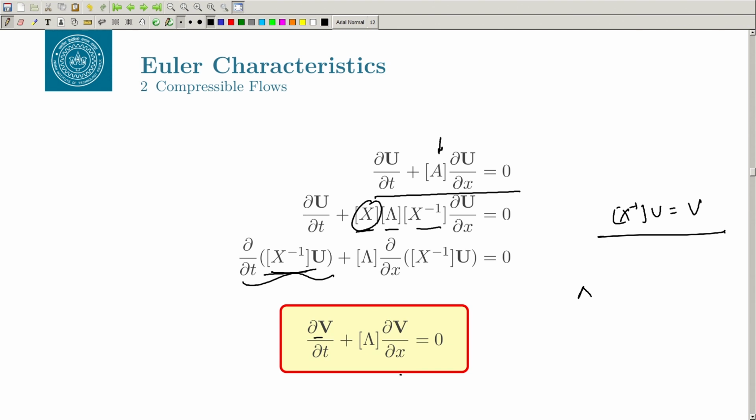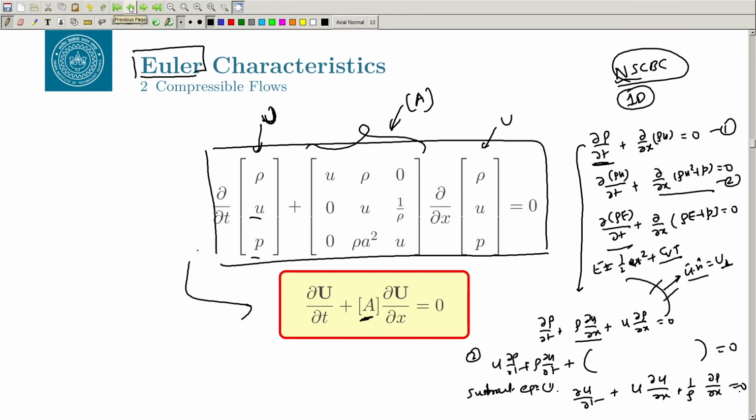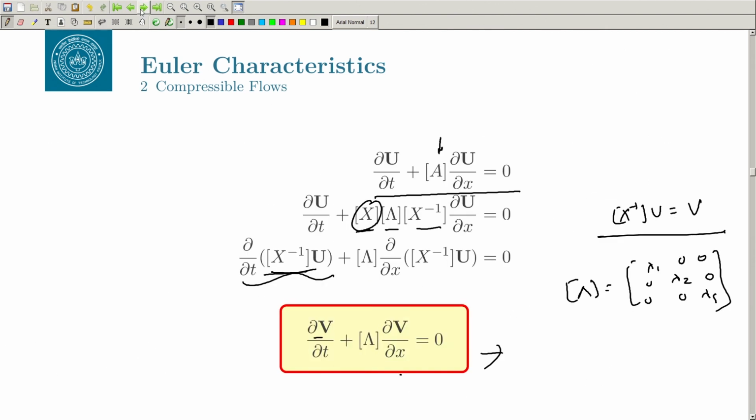Now, recall lambda is the diagonal matrix lambda 1, 0, 0; 0, lambda 2, 0; 0, 0, lambda 3, right. So, now it is a decoupled equation. Earlier it was coupled. If you look at the earlier equation that we had, you cannot decouple rho, u and p, but now in terms of the new variable v, this is a decoupled equation.